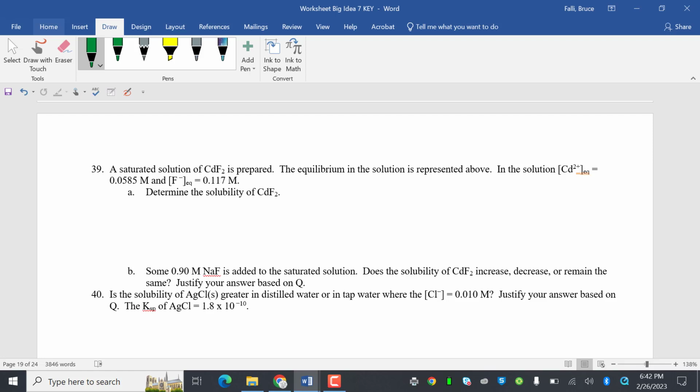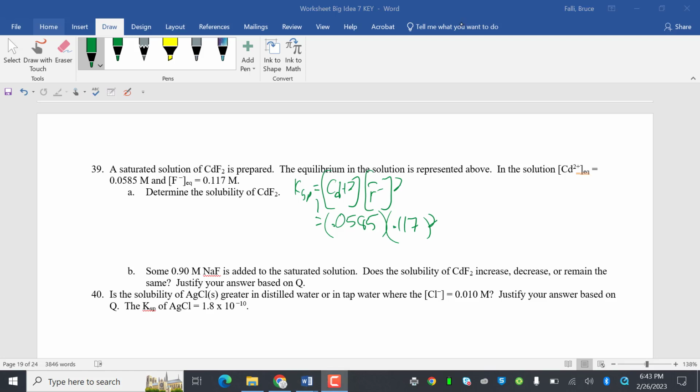So what I'm going to do first, I'm going to find KSP. KSP is going to be cadmium plus 2 times F negative squared. So cadmium plus 2 is 0.0585. Whoops, that sure looks like 885. 0.0585 times 0.117 squared.